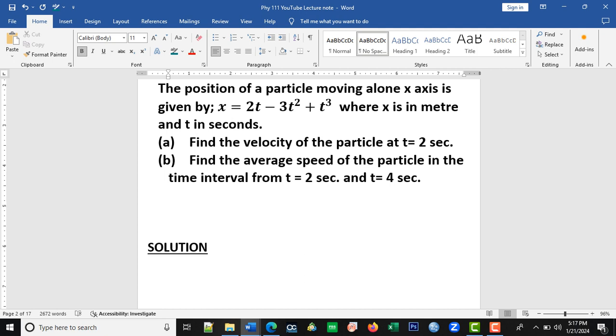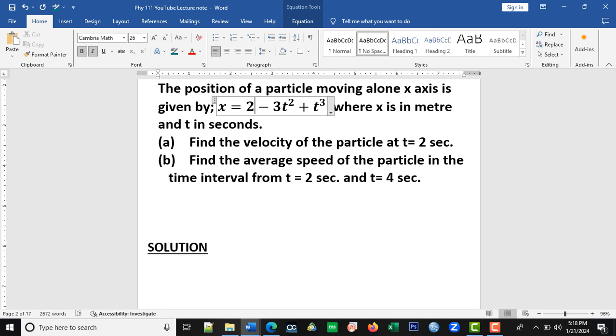Here in the particle, we don't have a constant, but let me assume that the 2t, maybe t wasn't there, it was only 2 or any number, then that number becomes a constant. Are you following what I'm trying to say? So if we are finding the derivative of a constant, it will give us 0. So let me return this back to what it was. That is the first thing I want us to note.